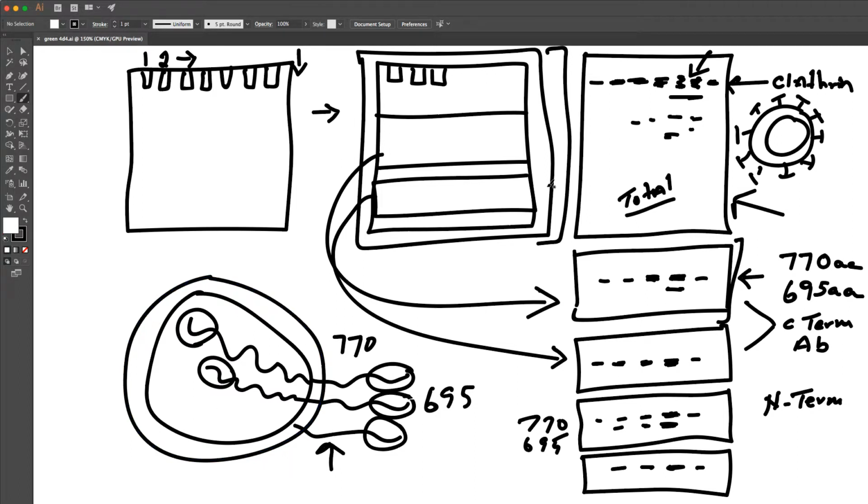So we have our clathrin-coated vesicles purified, and they contain clathrin all the way around their surface. They have some sort of transferrin receptor, and they have three different versions of the amyloid precursor protein.